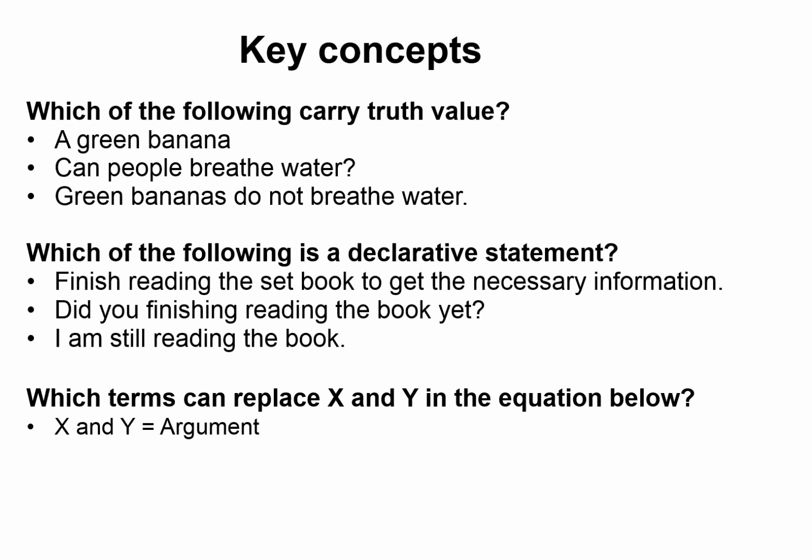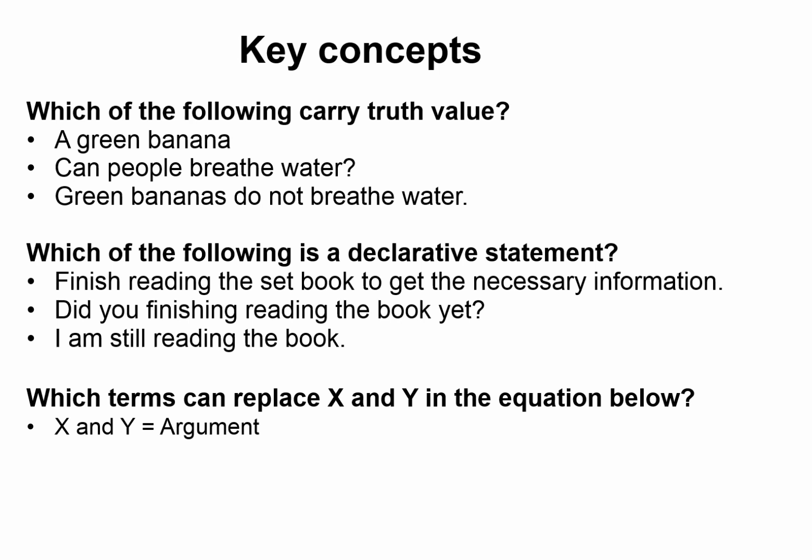The first one, a green banana, is a noun phrase. It has no verb, it has no subject. We don't even know what it means. Does it mean there is a green banana? There is not a green banana? A green banana flies in the sky? We don't know. The second one's a question. The third one is the only one that's a statement, or should I be more clear, the only one that's a declarative statement.